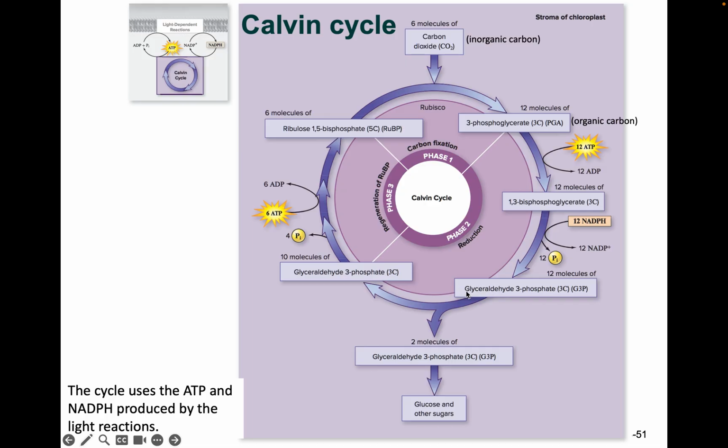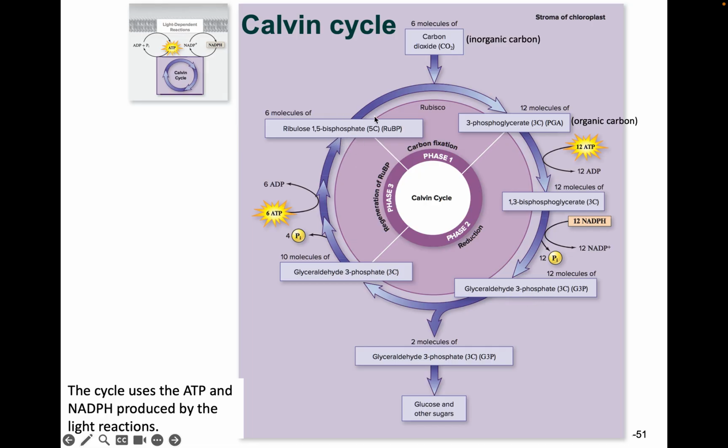Then two of these molecules are brand new. These are then given out. The rest, so 10 molecules, are required to give us back the six molecules of ribulose bisphosphate, to regenerate the six molecules here again. So we created two extra glyceraldehyde 3-phosphate, because six carbons gives you two new ones.